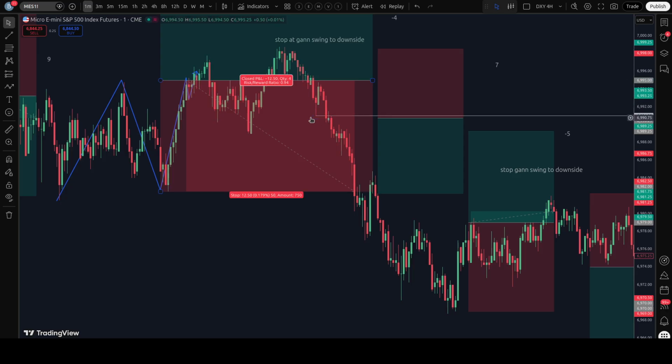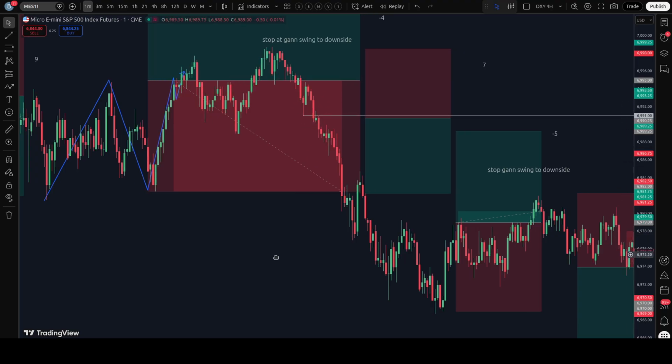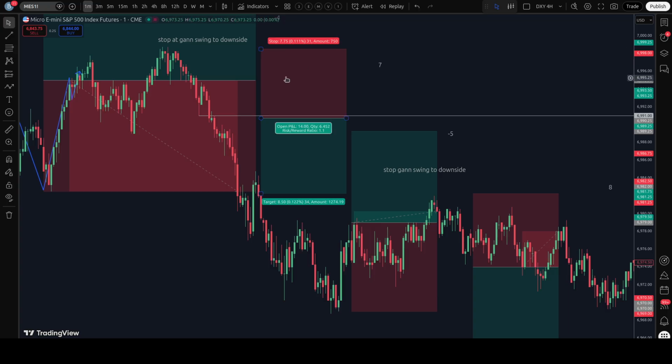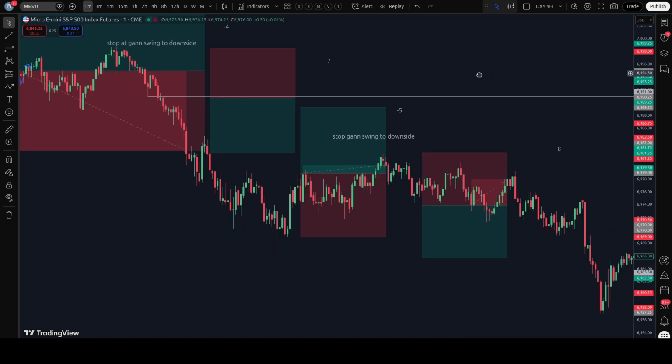And this is where I took the stop. Not in real life, but in my back testing, because there's no reason to hold this trade if you have a Gann swing to the downside. So it was a significantly smaller stop loss here. That saved you a lot of points. And then I will take the reverse trade down for a 7-point winner.